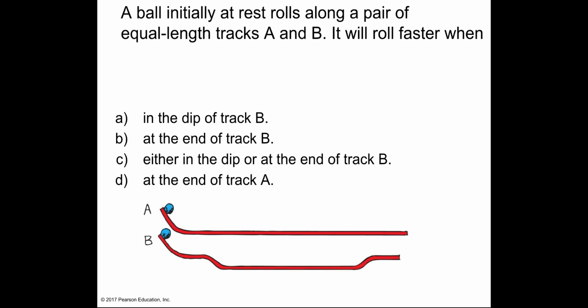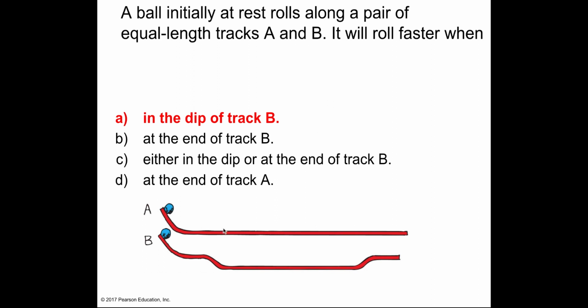A ball initially at rest rolls along a pair of equal length tracks A and B, as you can see. It will roll faster when it goes through track B, right? Because those curves will give it an acceleration. So remember, each time it's changing direction, it is having an acceleration.